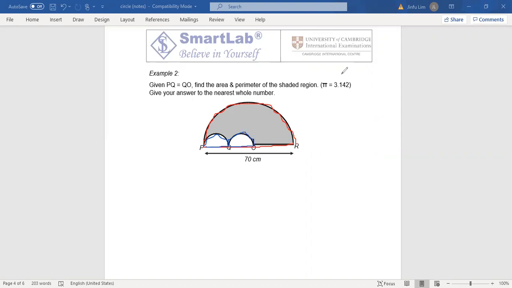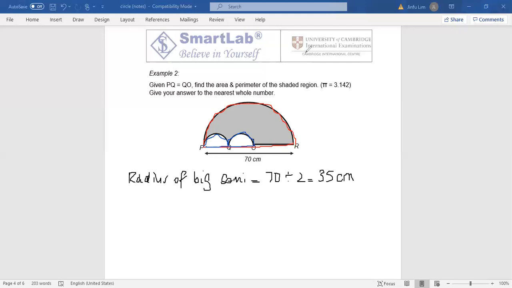So in this case, we will go ahead and find the diameter first. The diameter of this big semicircle, of course, is 70. So that means we know that the radius of the big semicircle is simply 70 divided by 2, which is 35 cm.